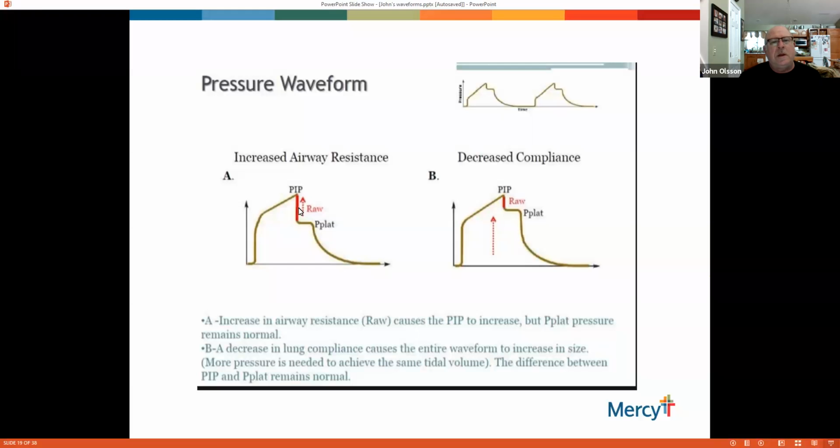And you can see this is increased over here on this side, as opposed to this one, it's a lot closer. This can help you determine what's happening with my patient. Does my patient need to just get suctioned, or maybe they're in ARDS and I need to be treating that.